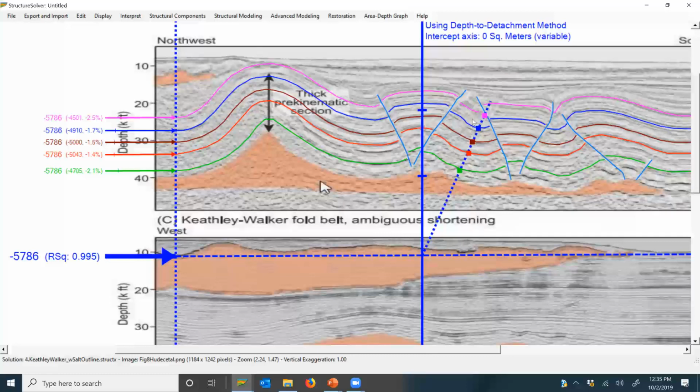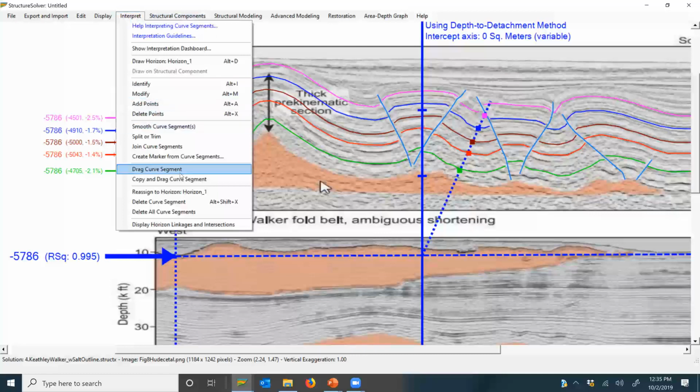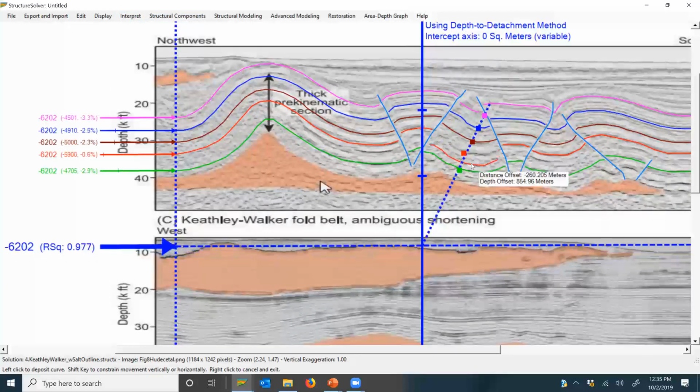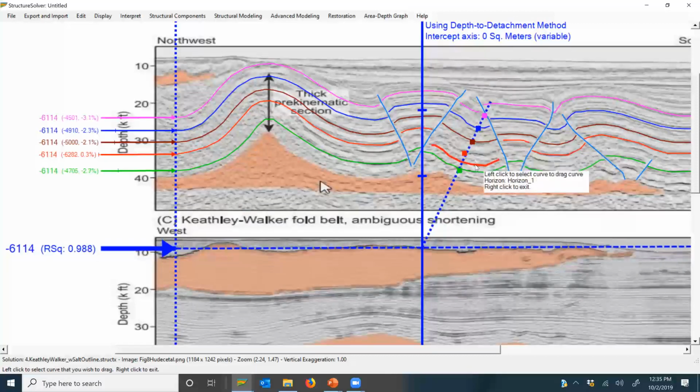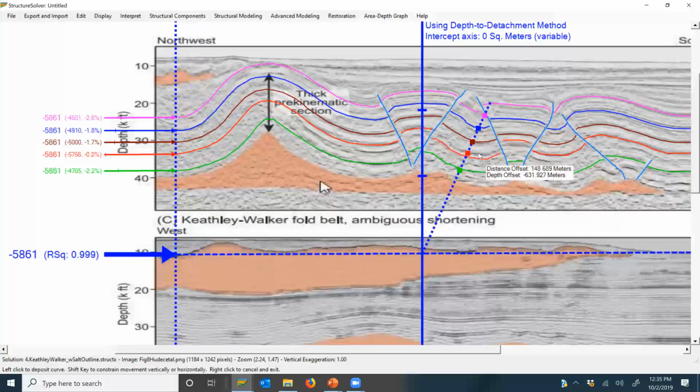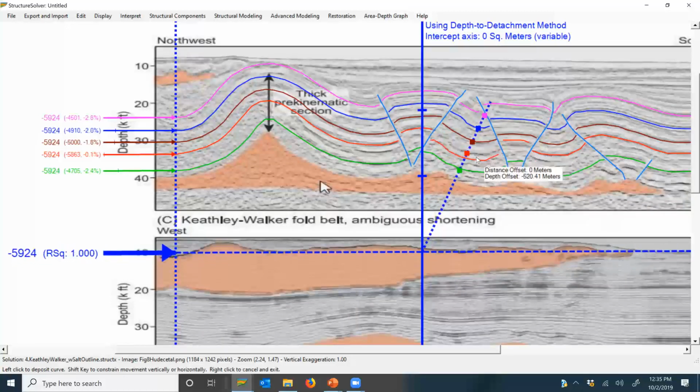If you were unsure about the correlations in the structure, and potentially had placed some of these on different reflectors, and you have one particular point that falls off of that linear trend, you can play around with those correlations until you get something that is consistent with the linear array for the rest of the points you've established.